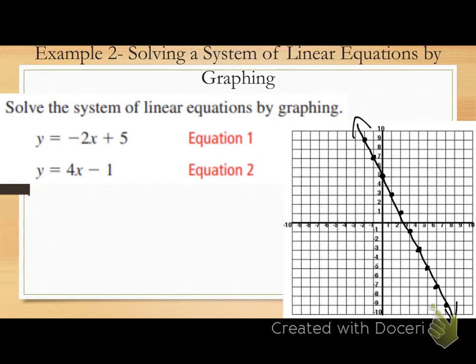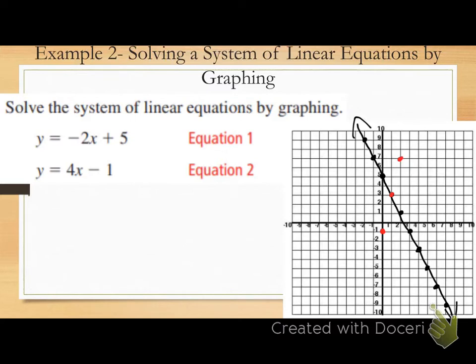What's the y-intercept of equation 2? Negative 1. Put a point at your y-intercept. What's my slope in this case? Up 4, right 1. It's 4 over 1. From my y-intercept, 1, 2, 3, 4, 1. And then I can't go up 4 anymore, so I'm going to go which two directions now?